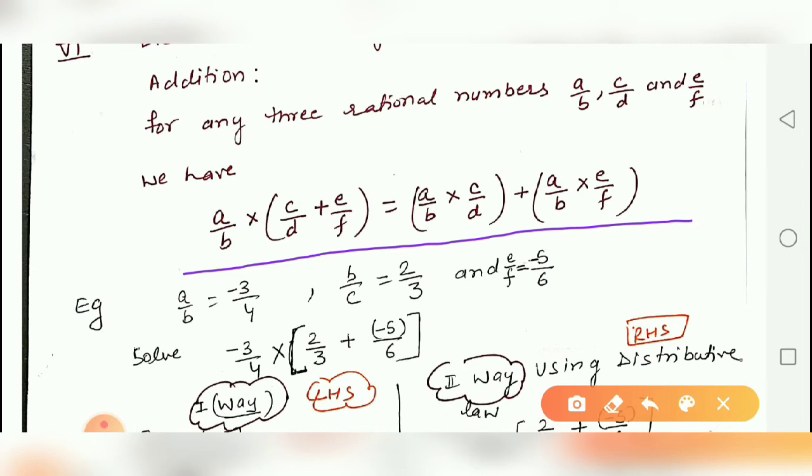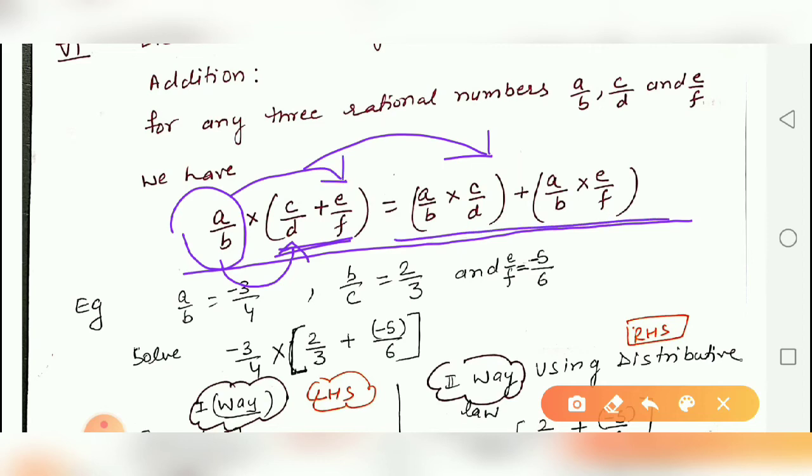See, what does it mean? Here the first rational number is multiplied by the addition of the other two rational numbers. Now here we have to open the bracket. This a upon b is multiplied by c by d, as well as it is multiplied by e by f.